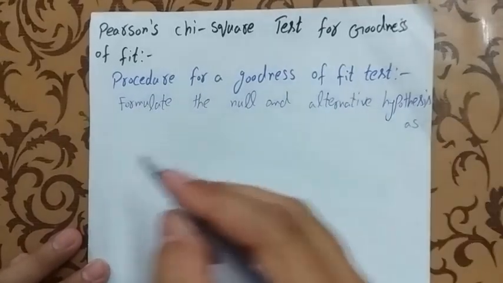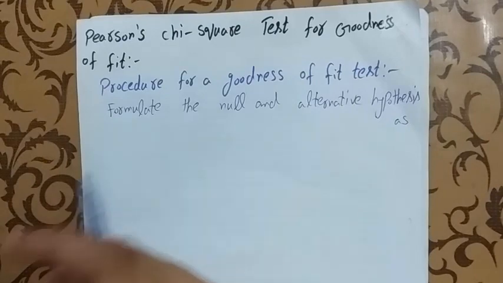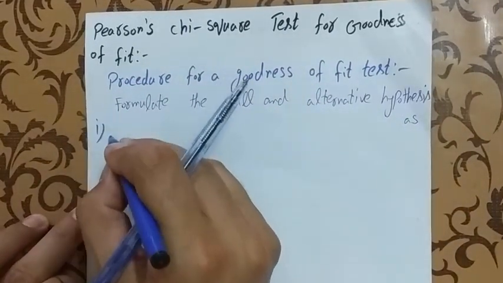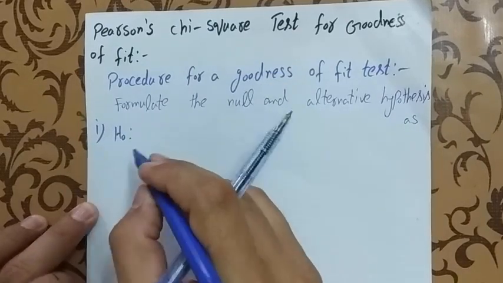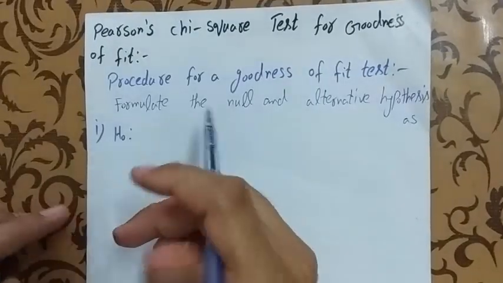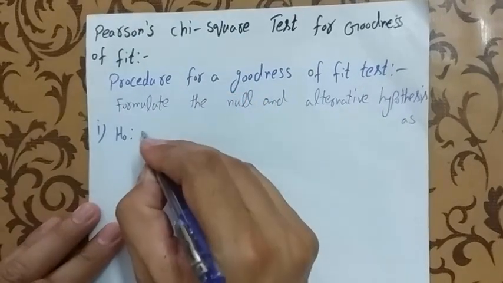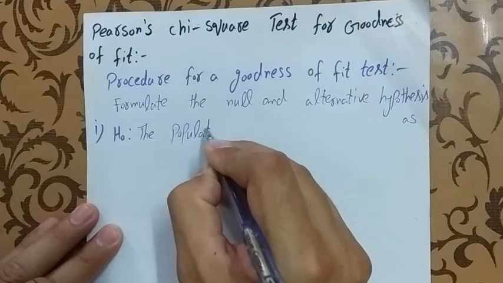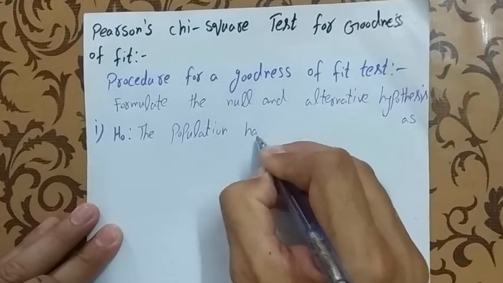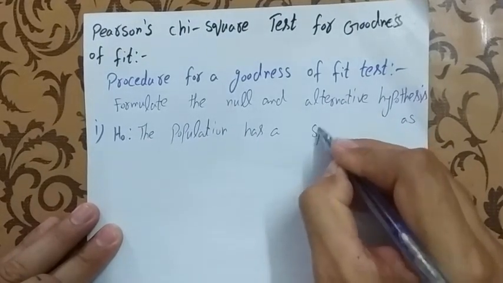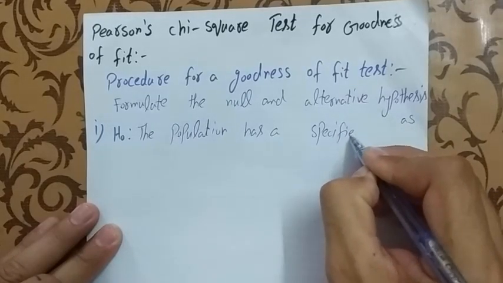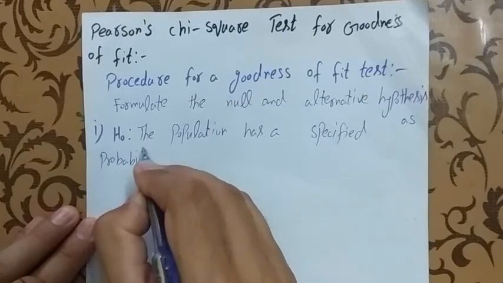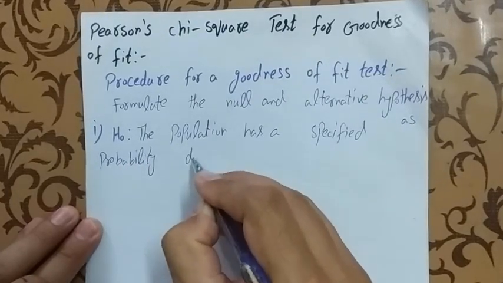The first one is H naught, the null hypothesis: the population has a specified probability distribution.